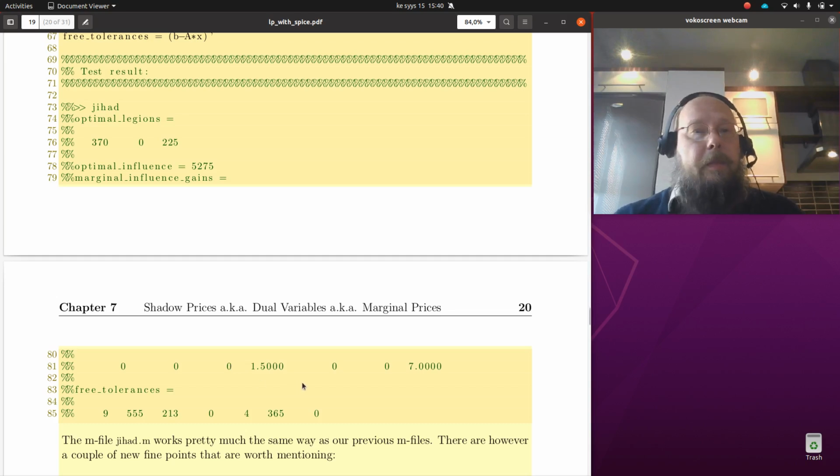In the same way, these two zeros correspond to planets where there are some tolerances left. So if we get something more of something that we haven't used completely, then getting something that we are not using is useless to us in a sense.